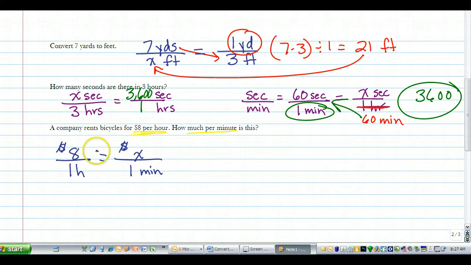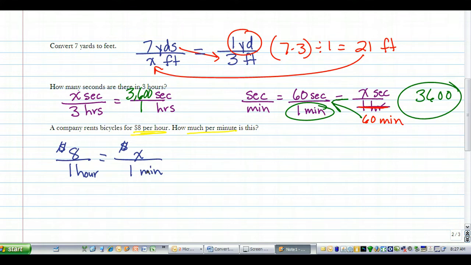Okay, I've got dollars on top, which is good, but I've got an hour here and a minute there. So I need to change so they're the same. All right, I can't take 1 minute and change it to an hour, but I can take hours and change it to minutes. And you might know that right off the bat and know that 60 minutes is 1 hour.